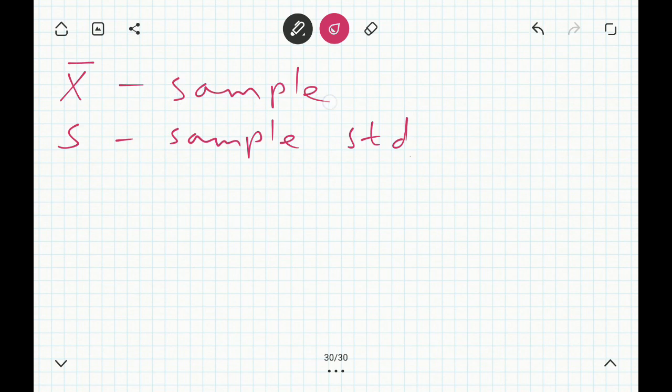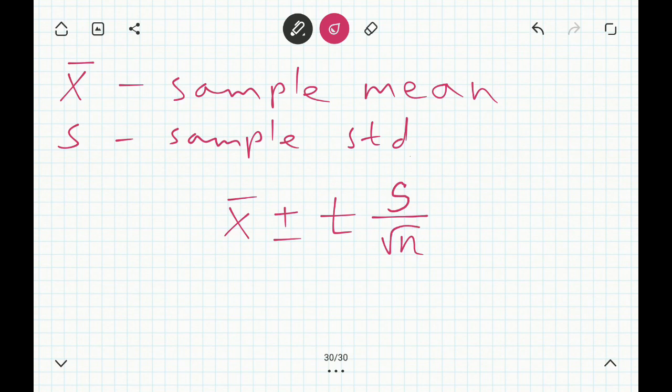So you have your sample, it's only one sample, you have calculated the sample mean, and then you calculate the sample standard deviation, and then you use the formula that looks almost exactly the same. So it's again x plus or minus, but instead of a z, you use something called t here, and you use sample standard deviation over square root of your sample size.